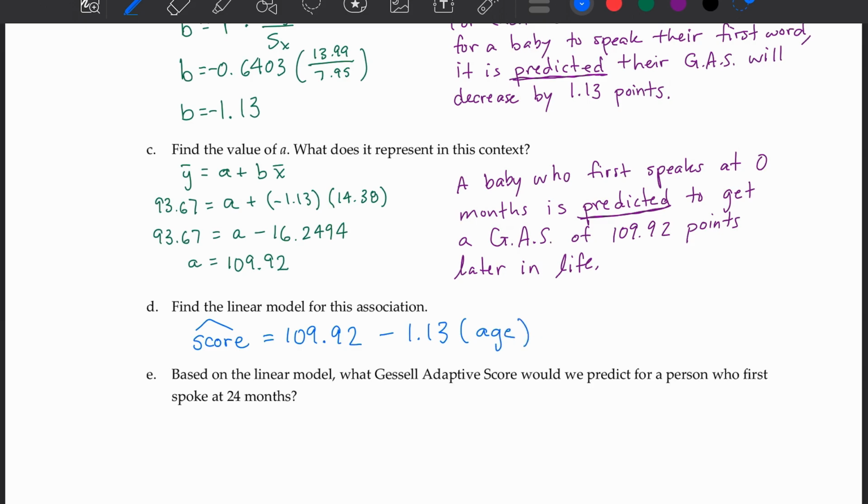You don't have to get too specific with this. Remember, we don't use Y and X. We actually use the actual variable names in all of it. All right. And now I believe that you can do E all by yourself. I am not going to go over it, but that is for you to go ahead and pause the video and try on your own.